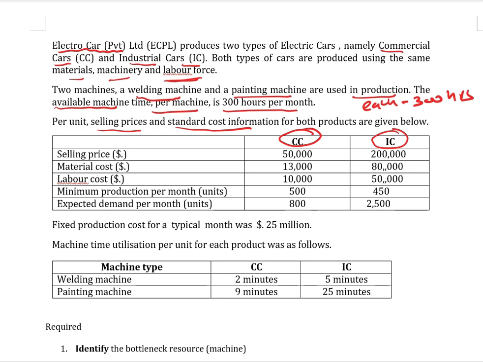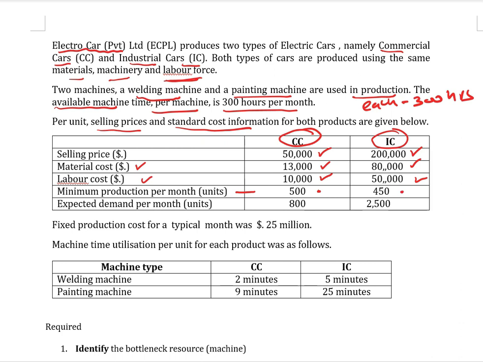The selling price per unit is 50,000 for commercial cars and 200,000 for industrial cars. Material costs are 13,000 per unit for CC and 80,000 for IC. Labor cost is 10,000 and 50,000. And also the minimum production per month, so 500 units and 450 units.